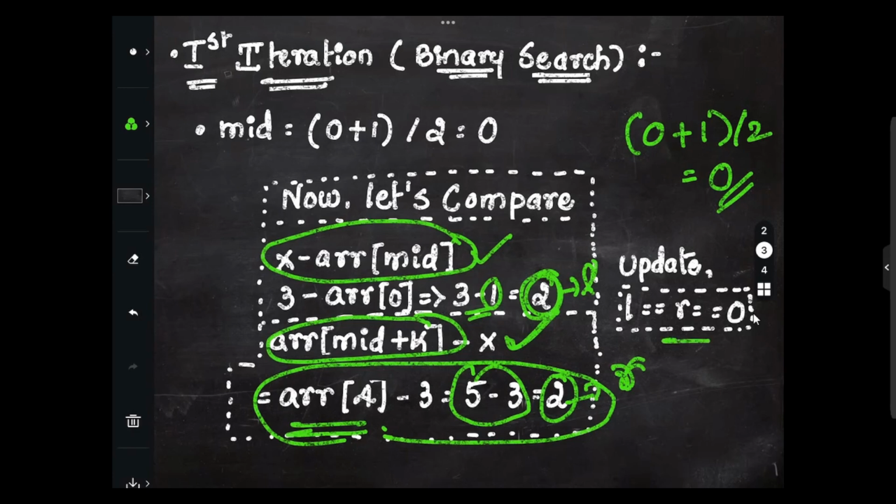Now we will update the value of L and R to 0. Why are we updating the value of L and R to 0? Here, both sides are equally close.